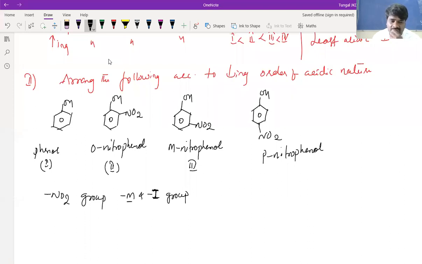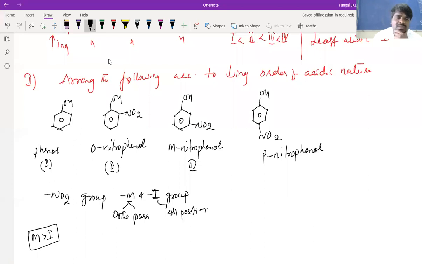The mesomeric effect is observed only at ortho and para positions, and generally the mesomeric effect will be dominant over the inductive effect. The inductive effect is observed at all positions.